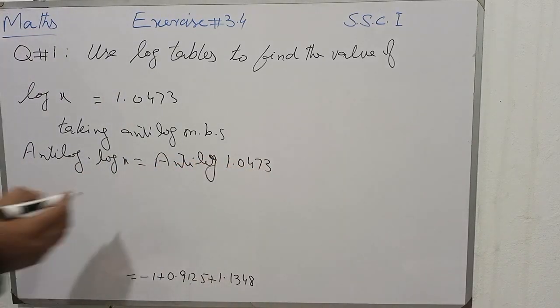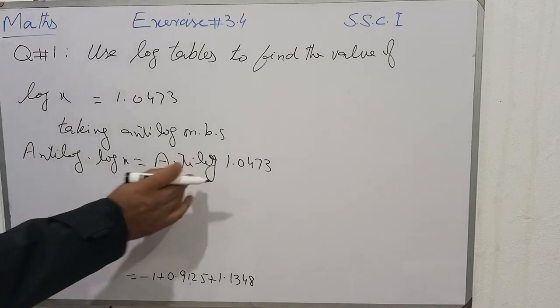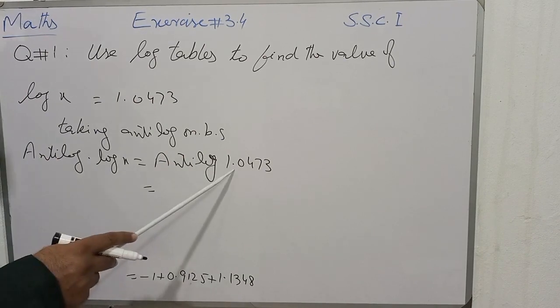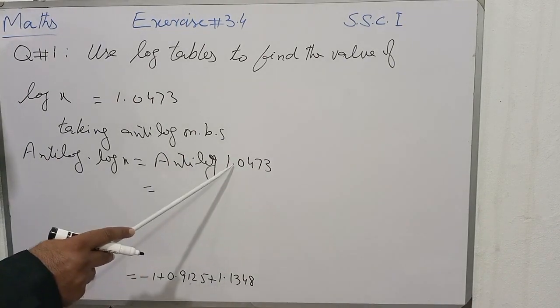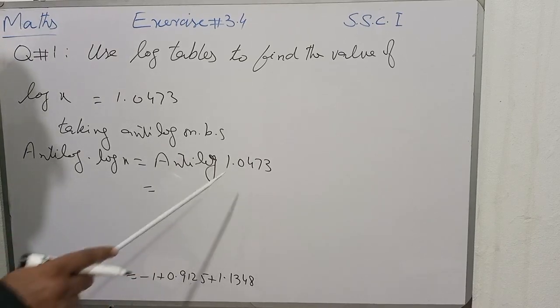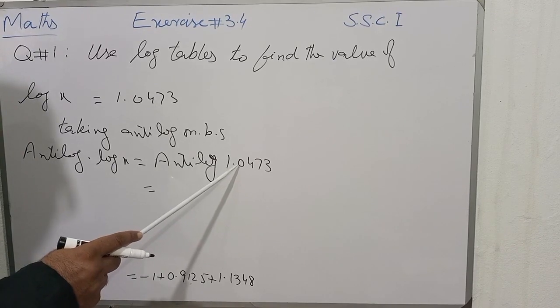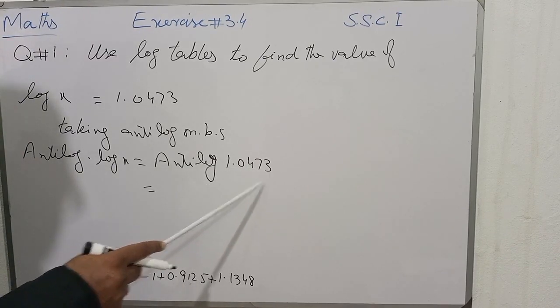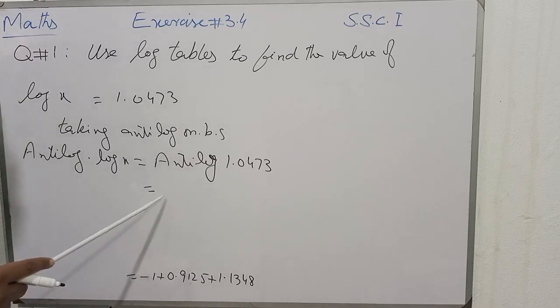Now we have to use the anti-log table for finding the anti-log, and you should keep in mind that whenever we have to find anti-log, anti-log is taken of the mantissa, and that is 0.0473, and in the anti-log table we will see 0.04 in the 7th column, and then take the difference and then write that number here.